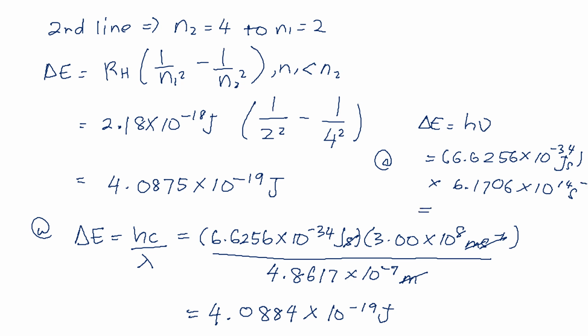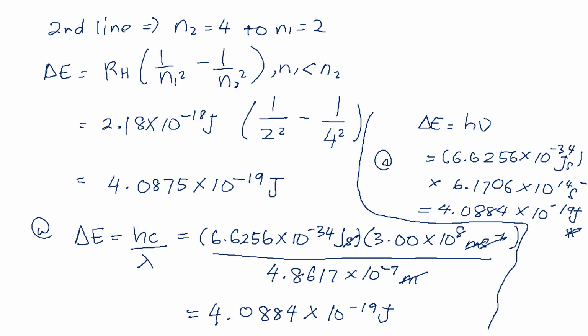You will get the answer equals 4.0884 times 10 to the power of negative 19 joules. So this answer is also correct. So, three methods to calculate the value of delta E. All of the answers are correct.